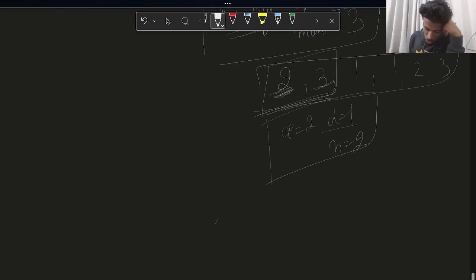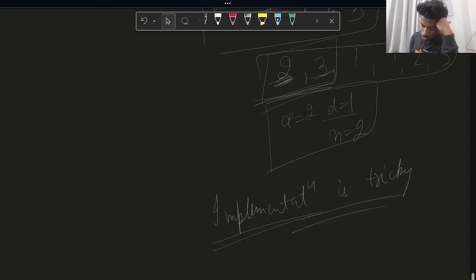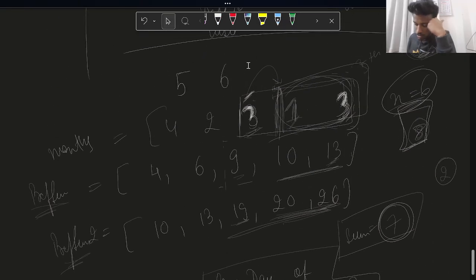I know the implementation is tricky, but the logic is easy. So where does binary search come in? Binary search comes in for calculating the main thing, like on what day and on what month we should visit.